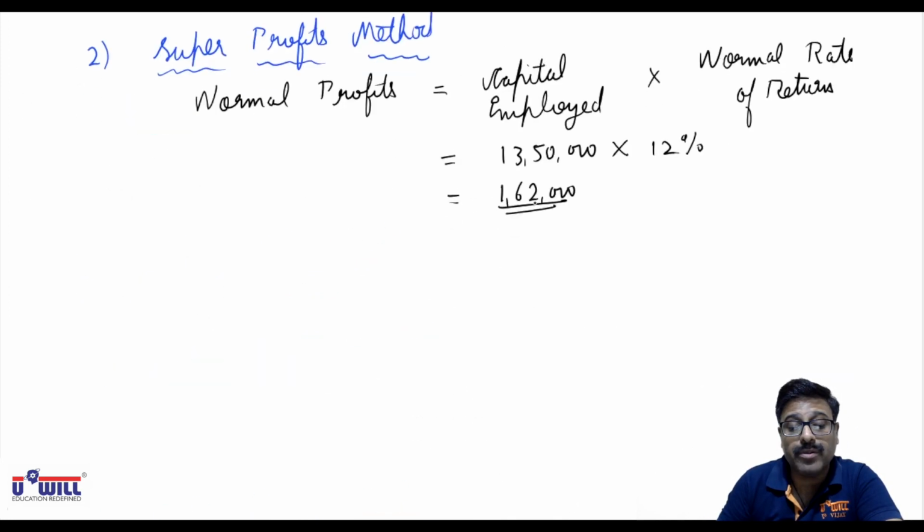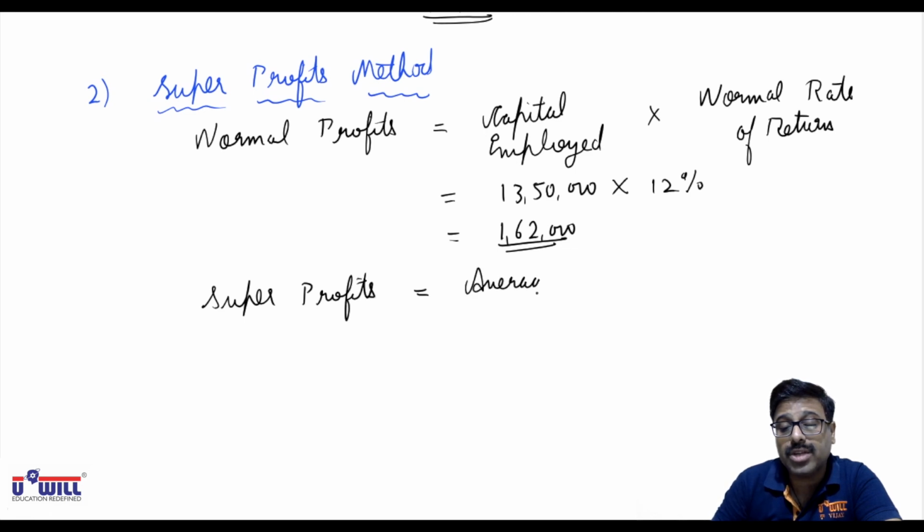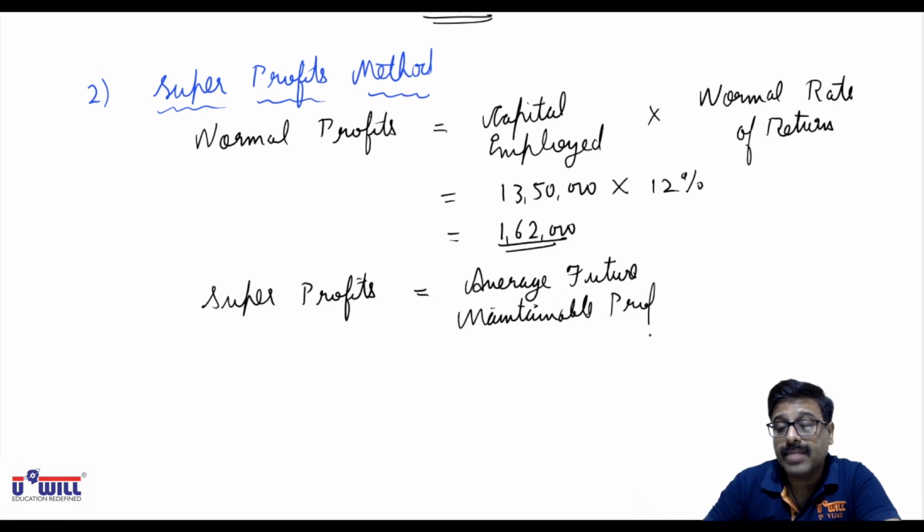So what are super profits? Super profits is equal to average future maintainable profits minus normal profits.